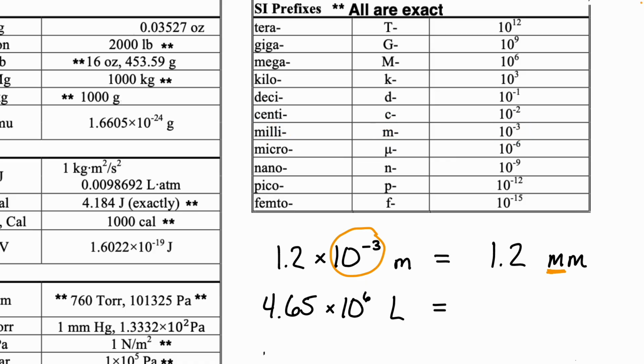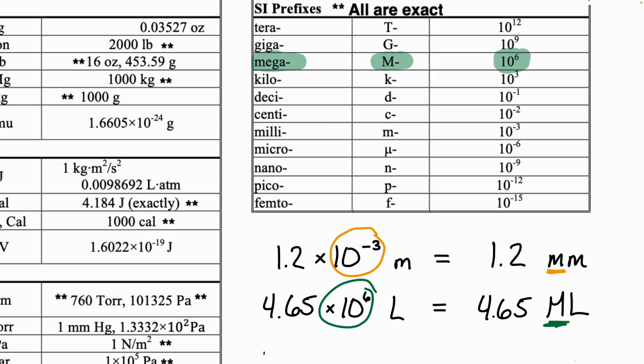So what prefix could I replace this with? If I look, 10 to the 6, that's this mega prefix, using that uppercase M. So this measurement here would be equivalent to 4.65 megaliters, where again I replace that 10 to the 6 with that mega prefix.